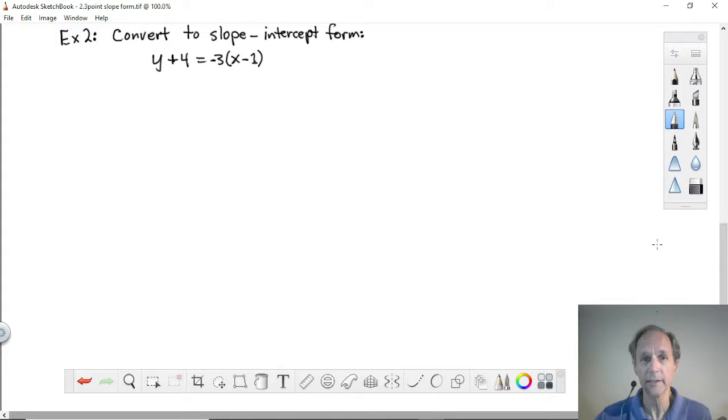You just plug them in. But we may not want to leave it in that form because the slope-intercept form is in some ways better and more useful. So once we get the equation in point-slope form, we may change it to slope-intercept form. So let's look at that.